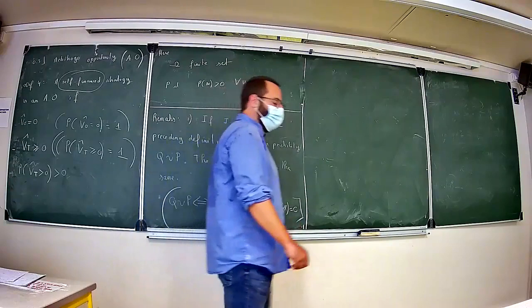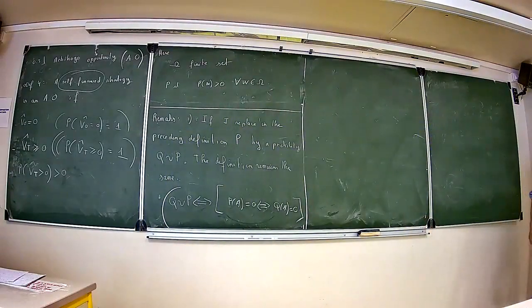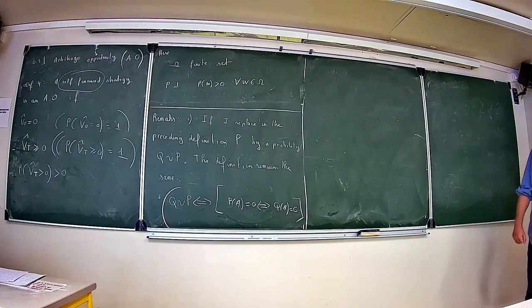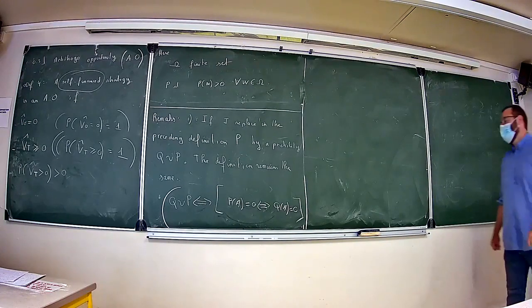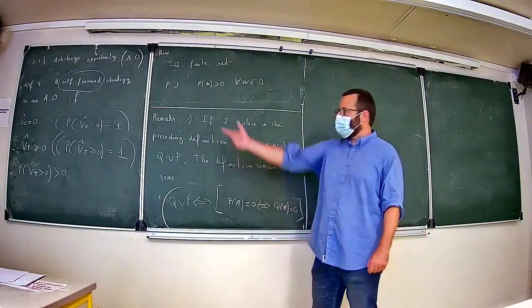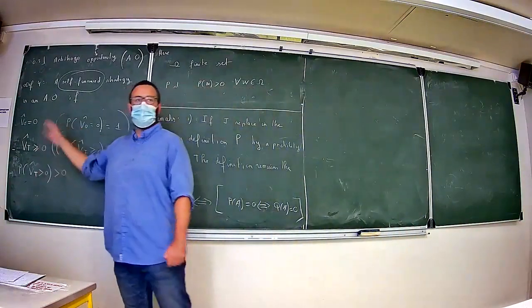Meaning that two probabilities are equivalent if they have the same negligible sets, the same sets with proba 0. So is it clear for you that my definition is not changed if I change P into Q here?